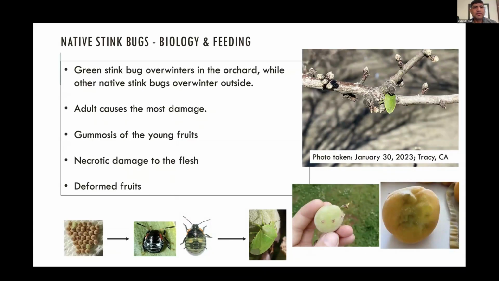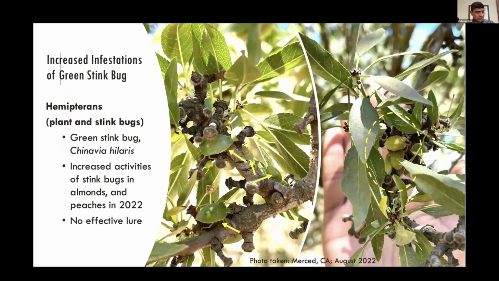If you eat those fruits, it should be all right, if it's not already soggy, but in terms of the market, nobody wants to buy fruit that doesn't look like solid fruit, right? And these are different stages. Again, I think the adult is the one, for the majority of these stink bugs, that causes the most damage in fruits.